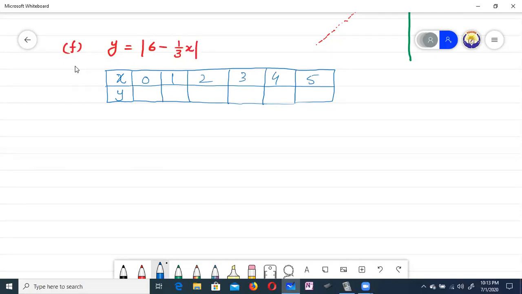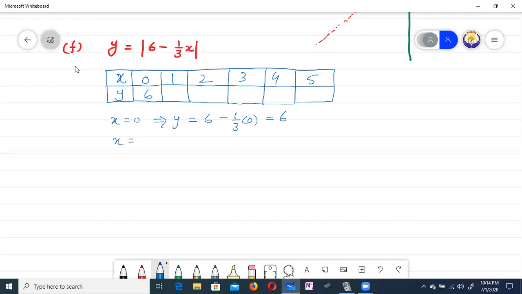If we are substituting x as 0, then what will be y? X is 0, this implies that y will be equal to 6 minus, first of all, we will take without modulus, 6 minus 1 by 3 into x is 0. This 0 into anything will be 0. It means this is only 6. Here will be 6.